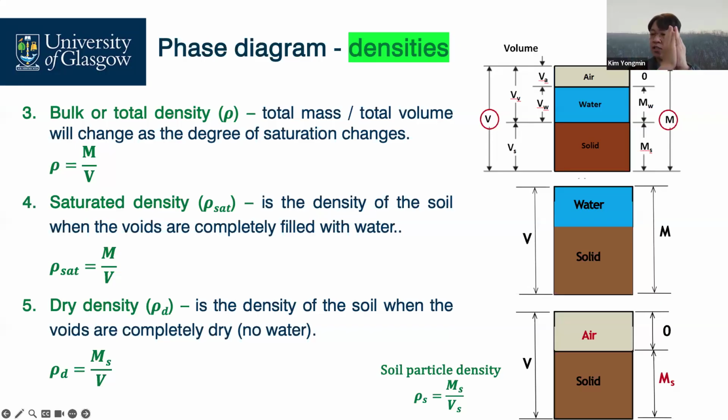Of course, it is total mass, but considered as fully dried. It means this mass is only soil mass. Technically, we express mass of soil, but generally we consider it as total mass. Make sure that for dry density, it is the dry soil mass versus only the volume of soils.